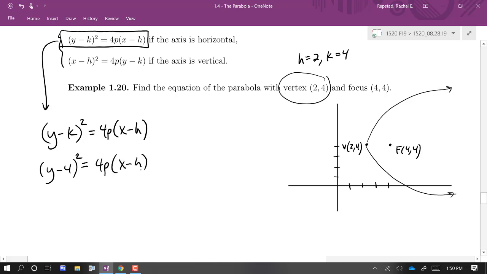Now we just need to know what the value of p is. Where do we see the value of p? Right there, it's 2. Because it's from the vertex to the focus. Yeah, the p is always the directed distance from the vertex to the focus. So p will be a positive 2.